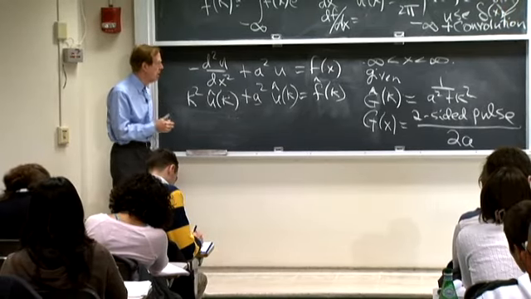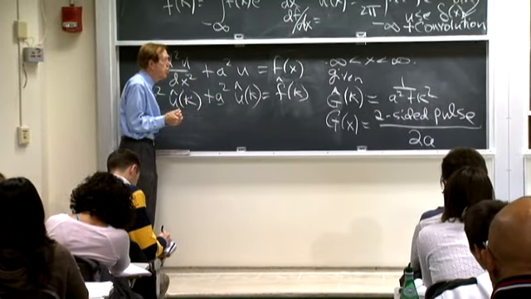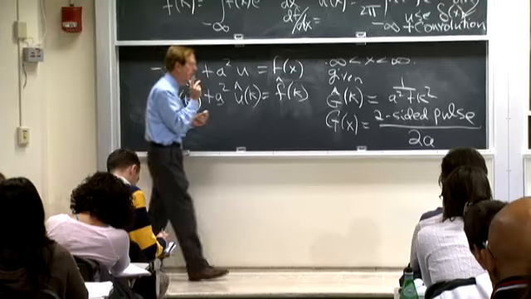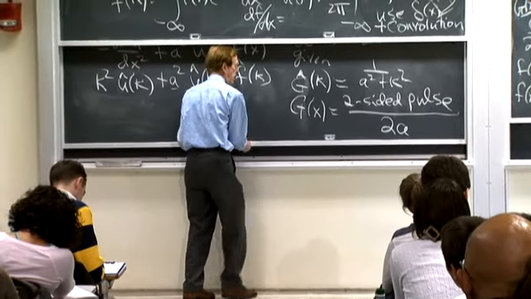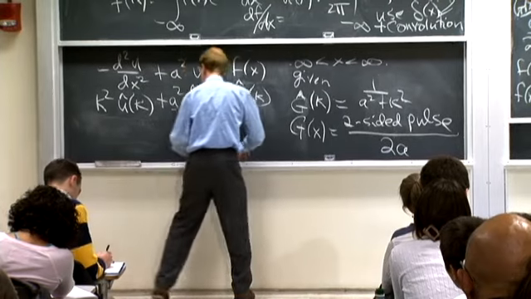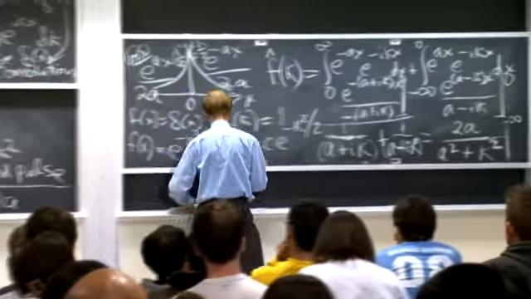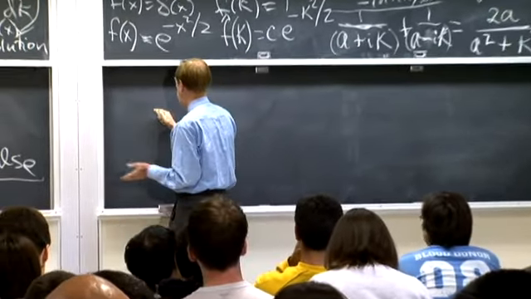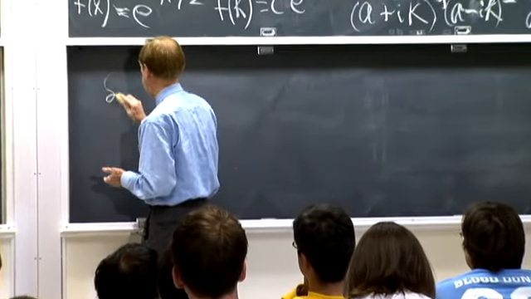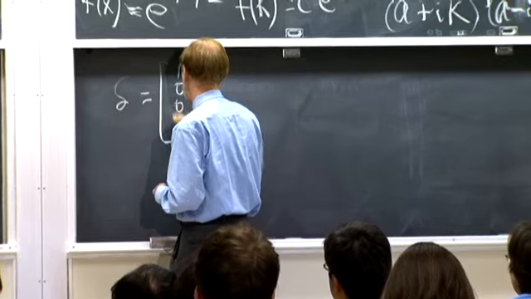What combination of delta and its shifts? Maybe you'll allow me to do this on that board. I just can't help writing down the discrete case. In the discrete case, the delta vector corresponds to something like 1, 0, 0, 0, right?